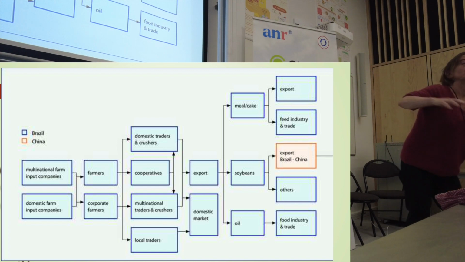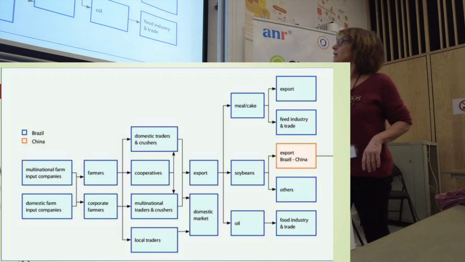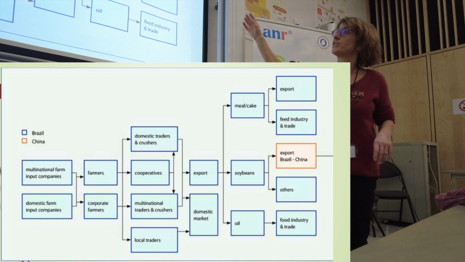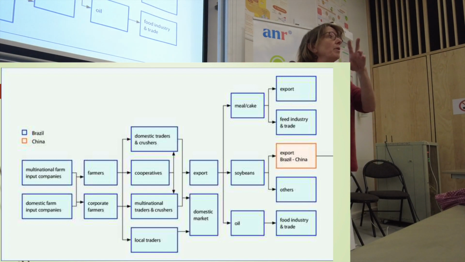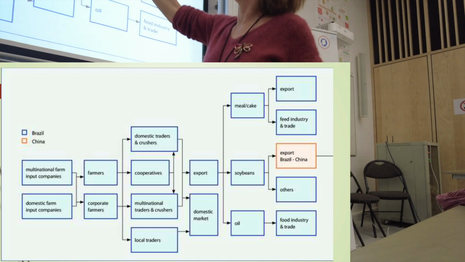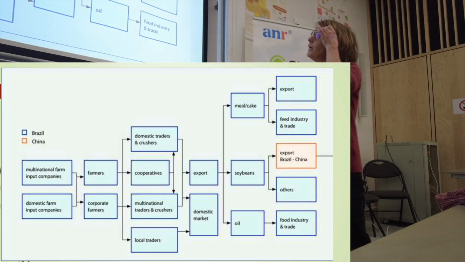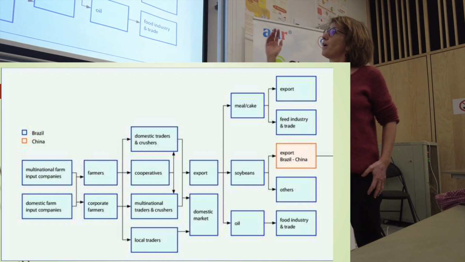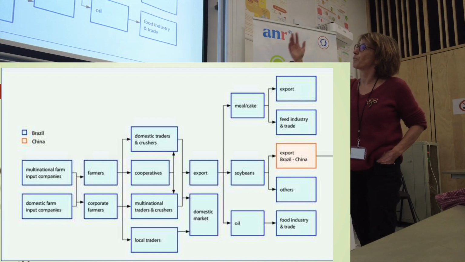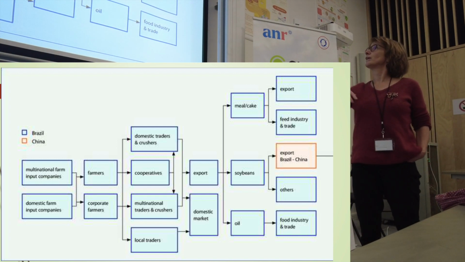Another way of showing this complexity of the value chains is the value chain of soybean between Brazil and China. I found it on a Rabobank website. Rabobank is an agribusiness bank. They show you how there are different types of input companies, both at national and international level, farmers, corporate farmers, different types of traders, crushers, cooperatives, some part who go on the domestic markets, others on exports.